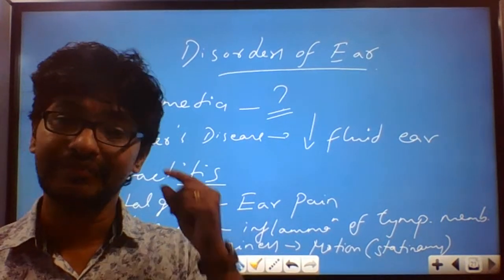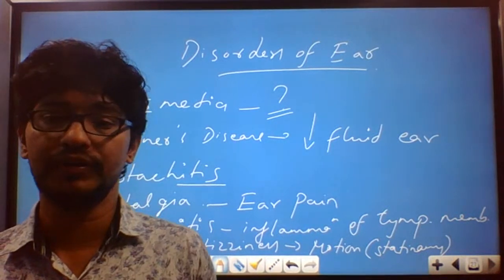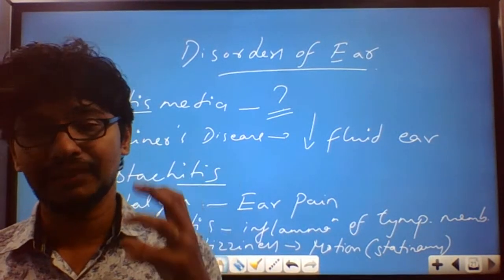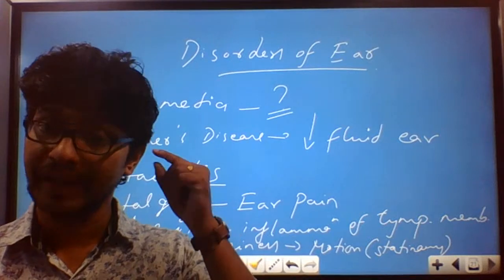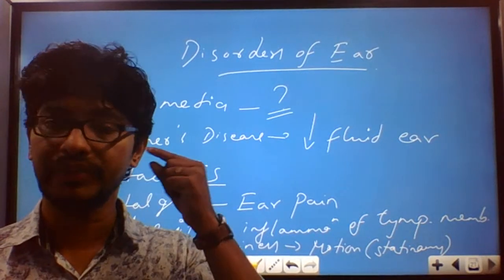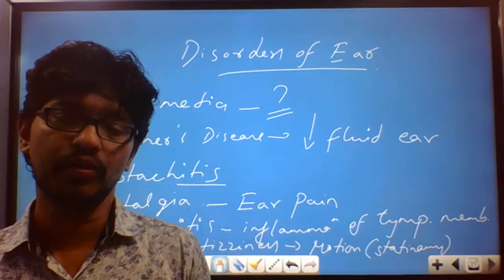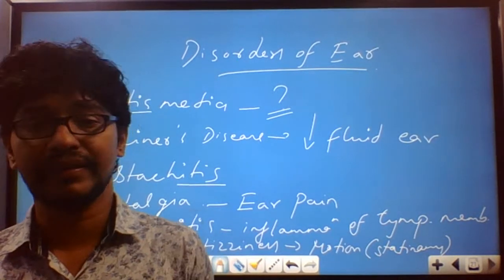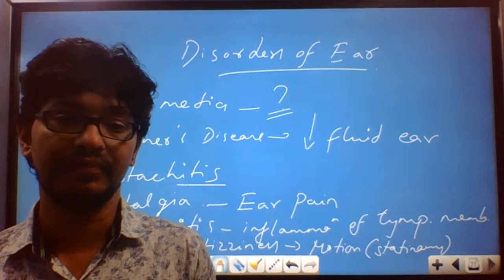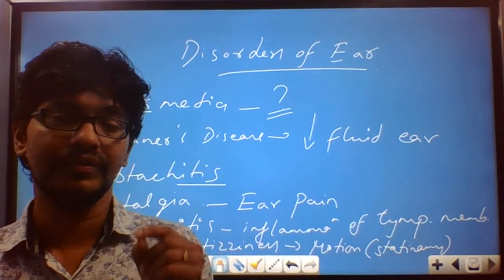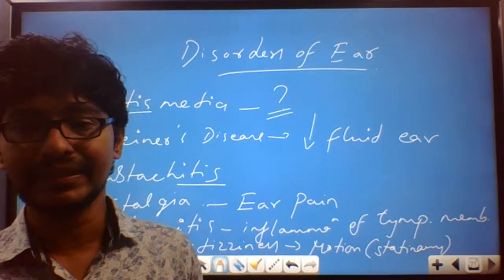Sometimes wax keeps accumulating, and we try to remove it, but we poke inside the ear. By means of any bacterial infection, inflammation can occur in the middle ear. So this is called otitis media.